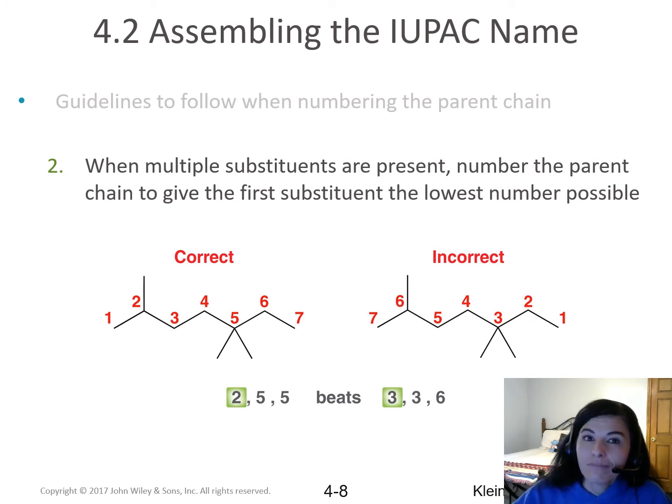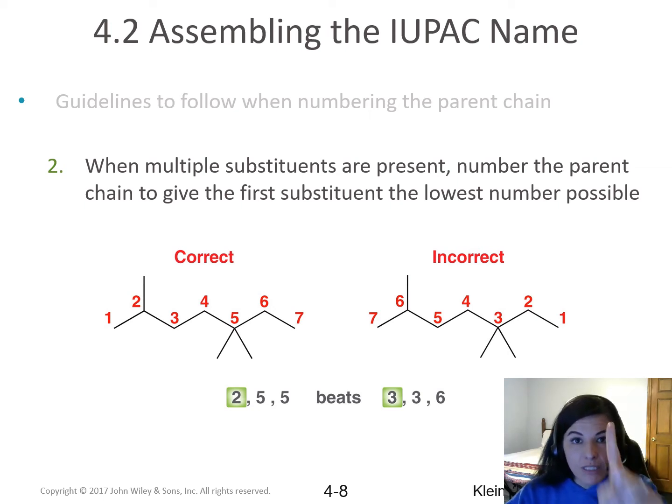Now, when there are multiple substituents, you number the parent chain to give the first substituent the lowest number possible. This isn't a cumulative effect. We're just looking for the lowest number for the first substituent. Again, in our example, we can number one of 2 ways.